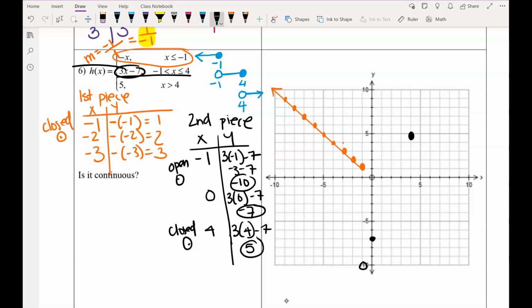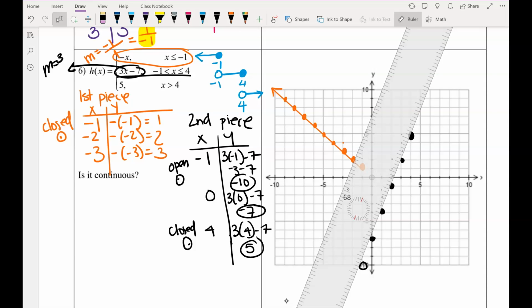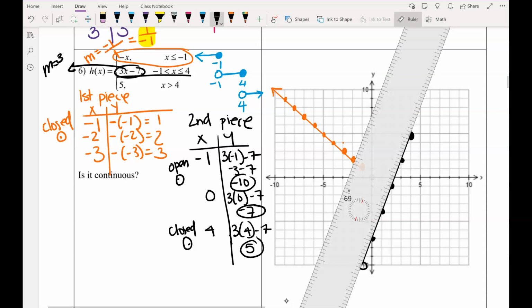Our slope here, students, is m equals 3, or 3 over 1. So from the last dot, if it's 3 over 1, 1, 2, 3, up, right 1. 1, 2, 3, up, right 1. 1, 2, 3, up, right 1. See, we are on the same exact line. So this is correct. So this segment is looking awesome.